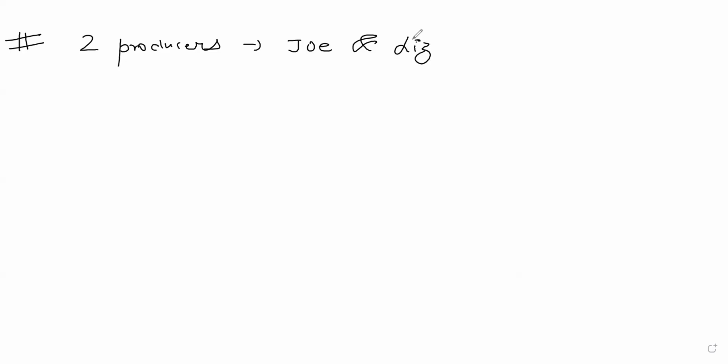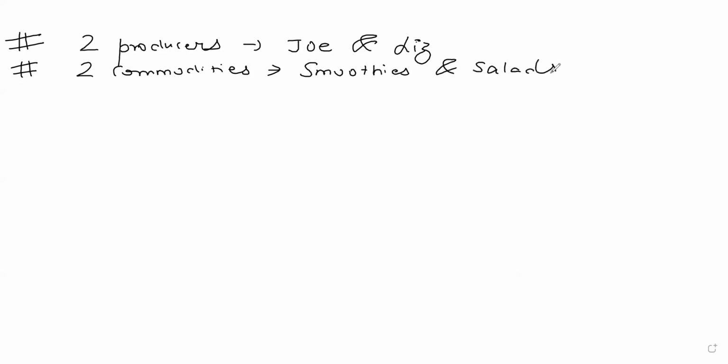And there are two commodities. One is smoothies and salads. So we have two producers and two commodities. And if I now talk about Joey first and then I come to Liz.